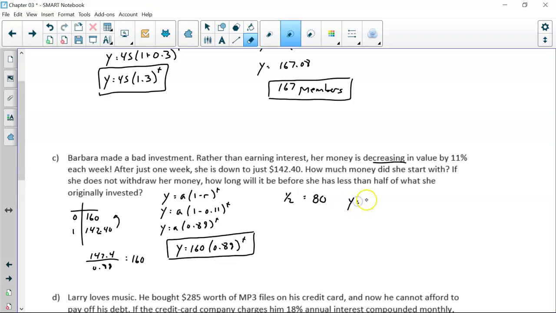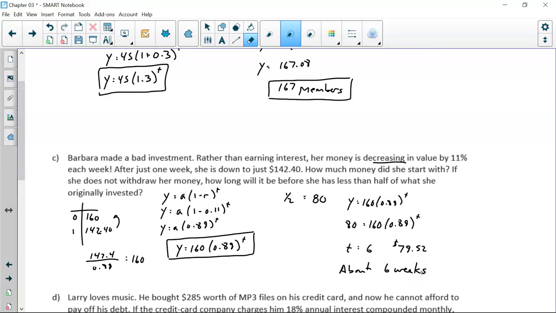So 80 equals 160 times 0.89 to the T. So when you guess and check, you're going to find out that in 6 weeks, when T equals 6, you're going to have about $79.52. So about 6 weeks for her to lose half of her money.